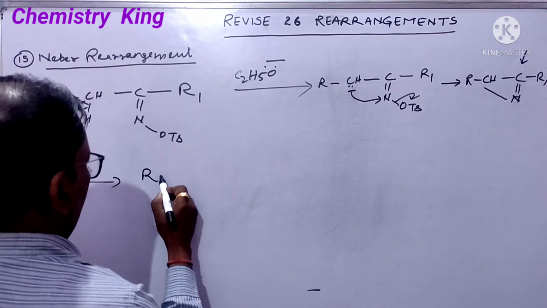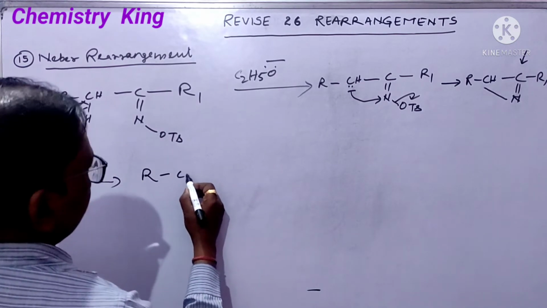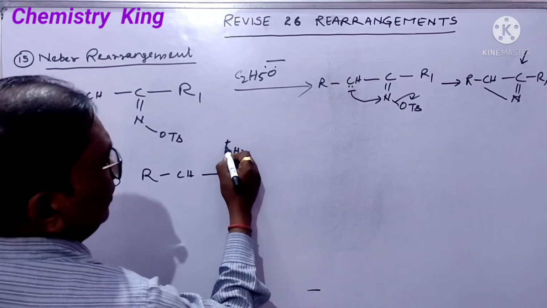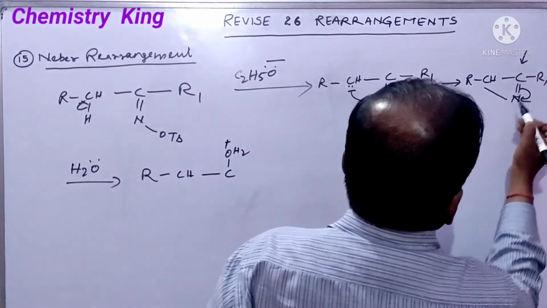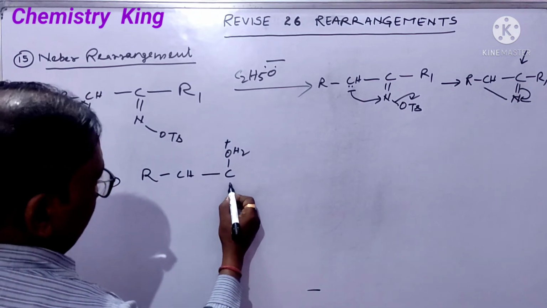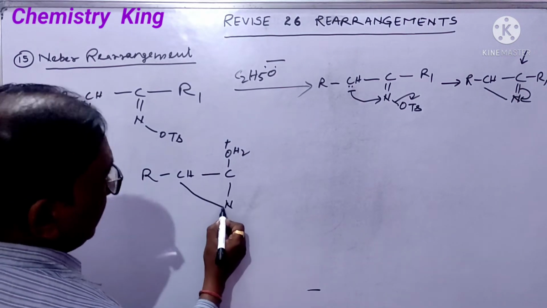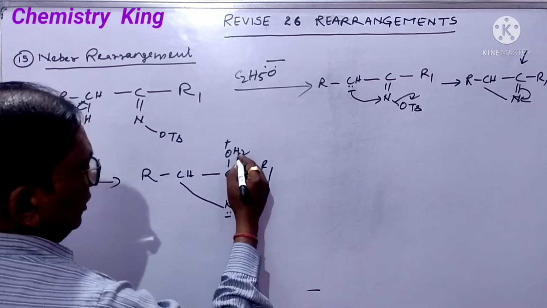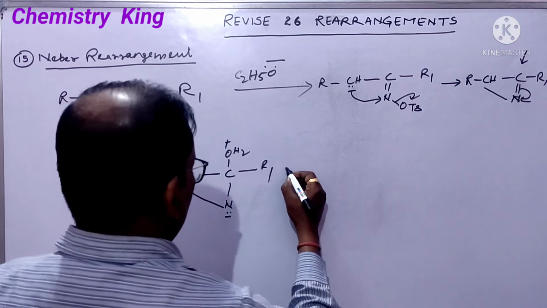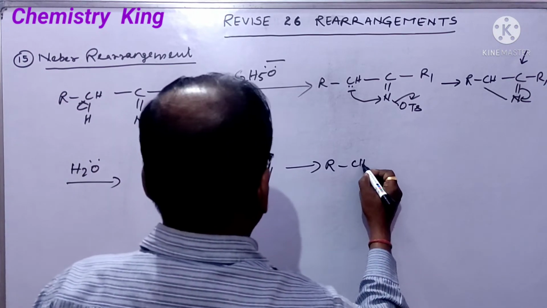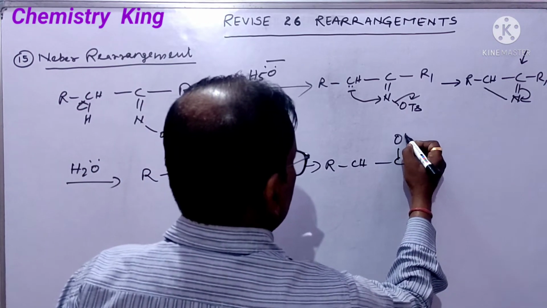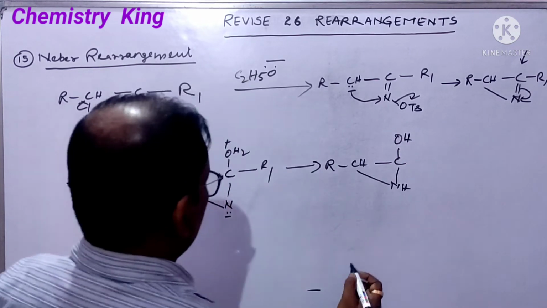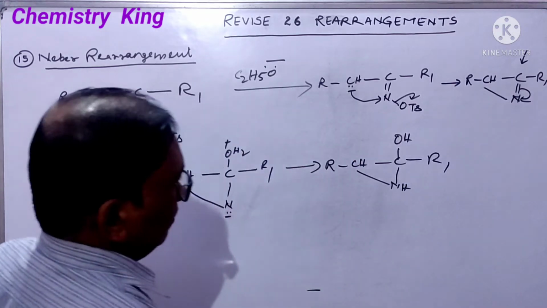So you would have RCH C OH2 plus and it is N minus R1, and H plus will be released from here, and so RCH COH NH R1.